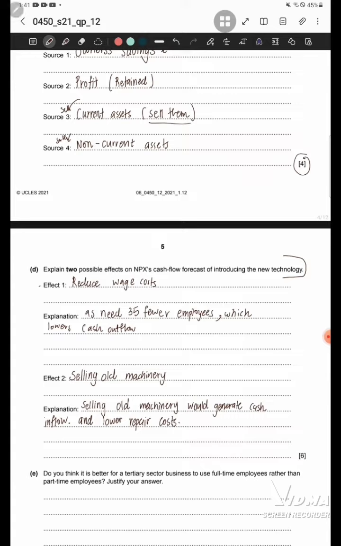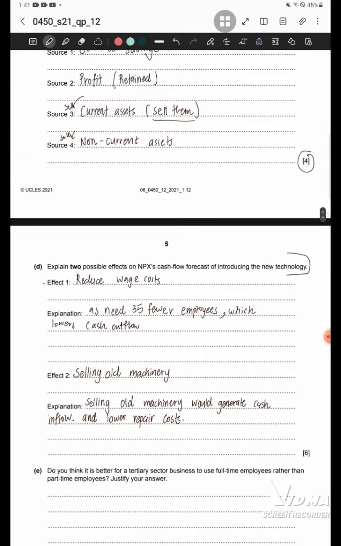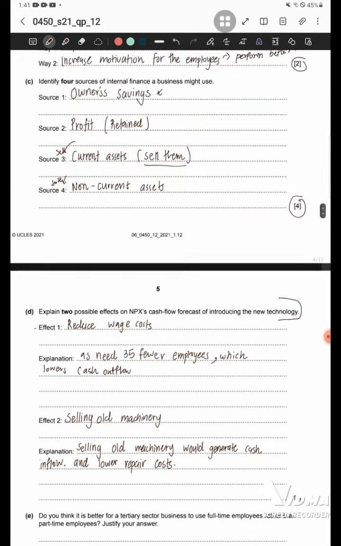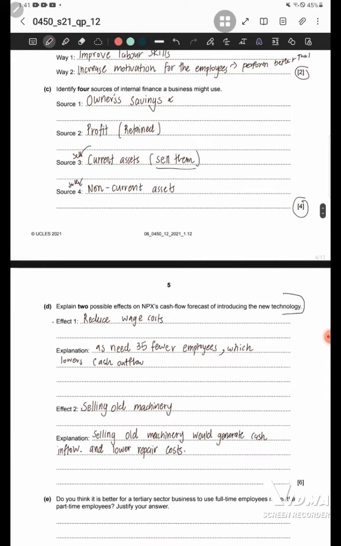So basically selling them would not cost you these extra expenses, which also in return generates cash inflow. And it's also more convenient not having that many machines around.